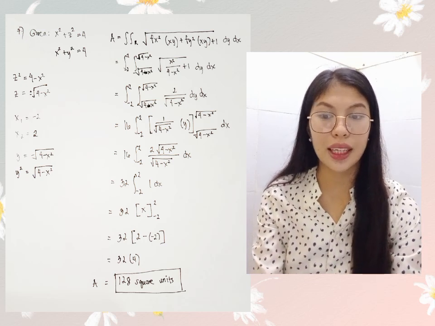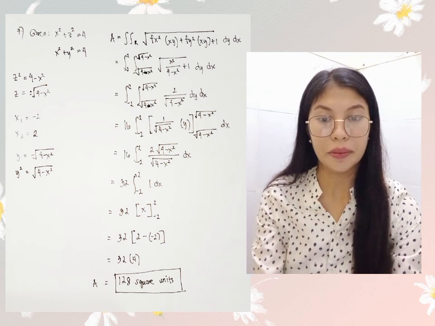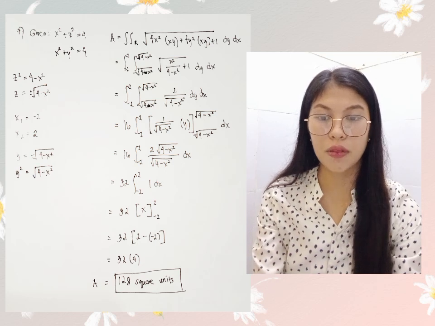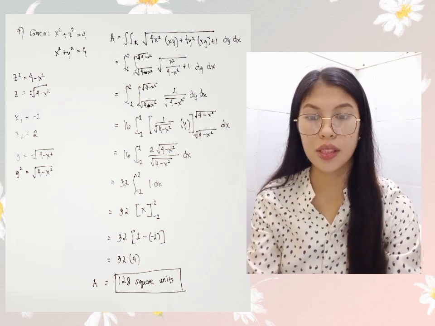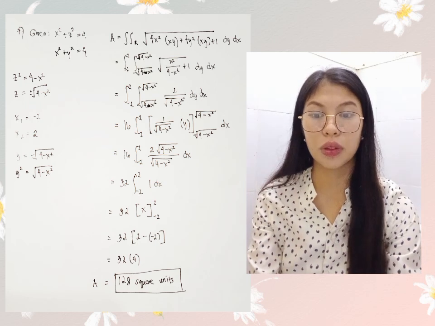From that, we can get the values of x, y, and z. So we have our value for z, that is plus or minus the square root of 4 minus x squared, and we have x sub 1 equal to negative 2 and x sub 2 equal to 2.